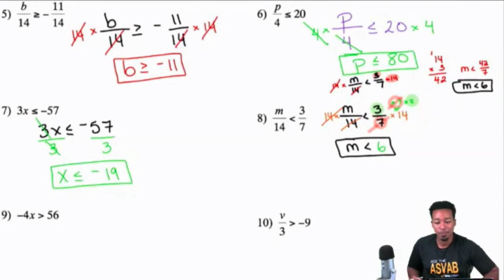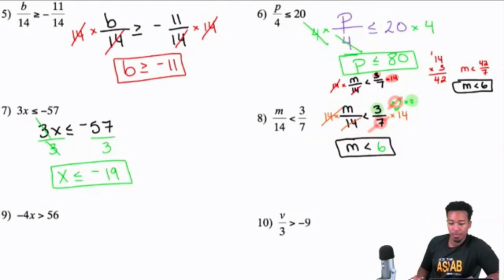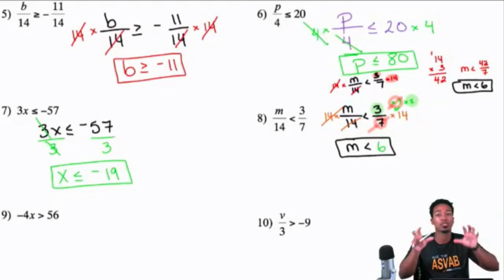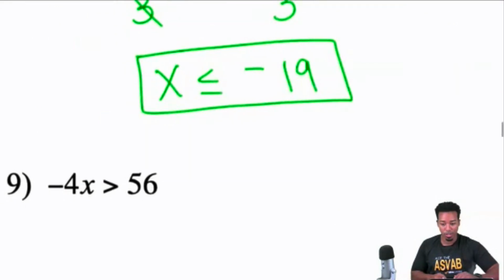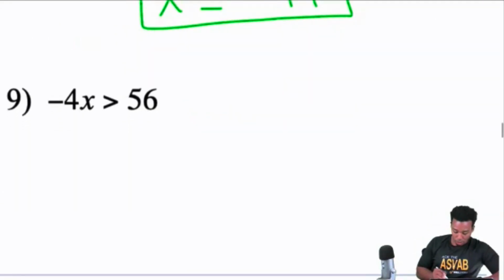Good stuff. And then lastly there, Jay, what's going on? Okay, so you only flip the symbol when there's negatives on both sides, right? Yeah, when we are dividing or multiplying by a negative on both sides. You're going to see that here with number 9. Jay, notice how we have a -4 in front of the x. This is multiplication.